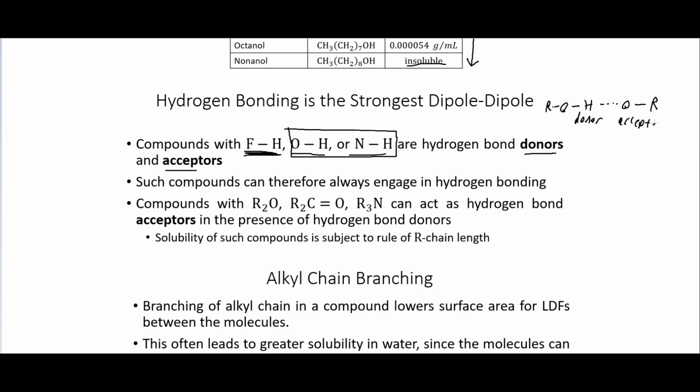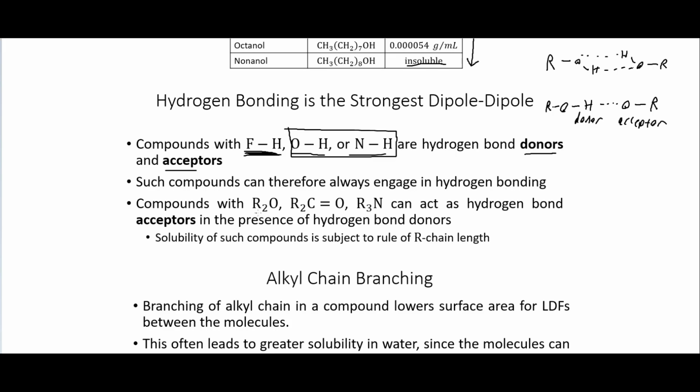If we have just ROH here, R, O, and H, and then another H, O, and R, these are the same things. This can both act as a donor and an acceptor. So if you have things that have the OH or NH, those can act as hydrogen bond donors and acceptors, and such compounds can therefore always engage in hydrogen bonding.